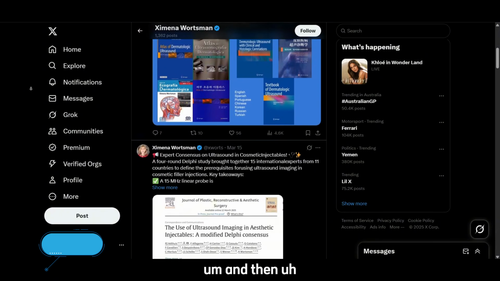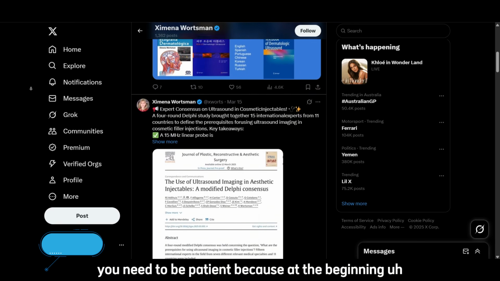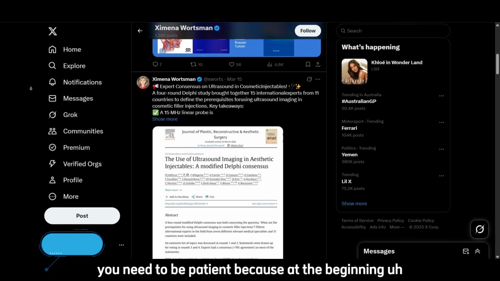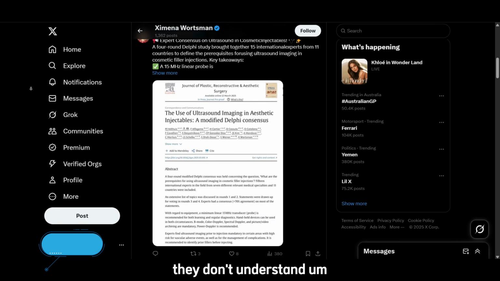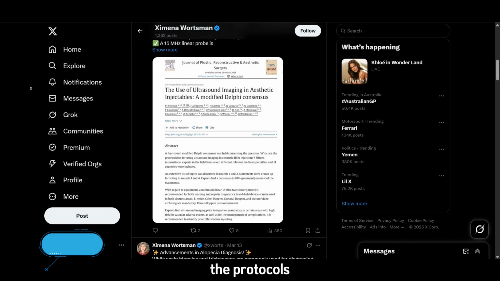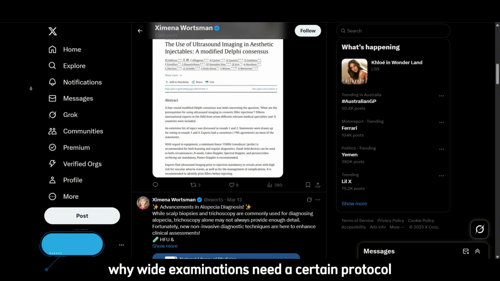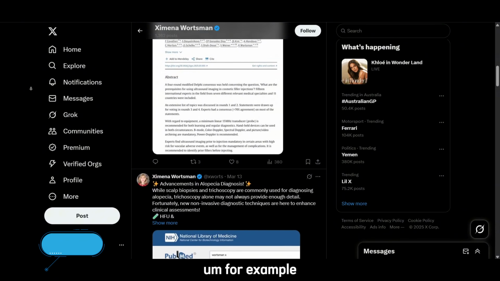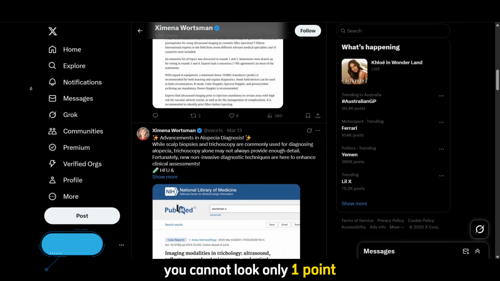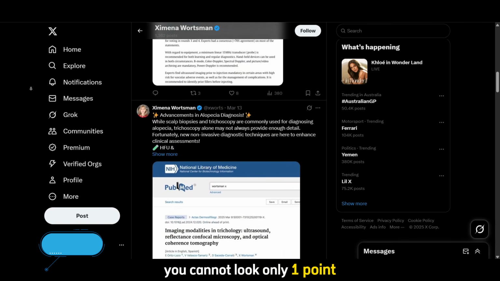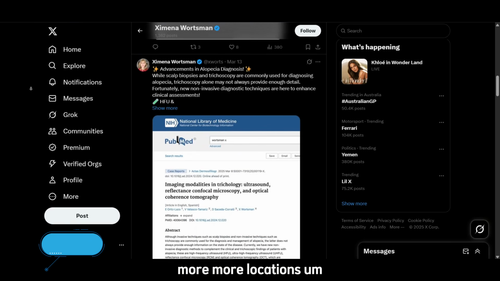Another problem is that you need to be patient, because at the beginning the clinicians sometimes don't understand why the examinations need a certain protocol. For example, if you are looking at inflammatory disease, you cannot look at only one point. You need to look at more locations.